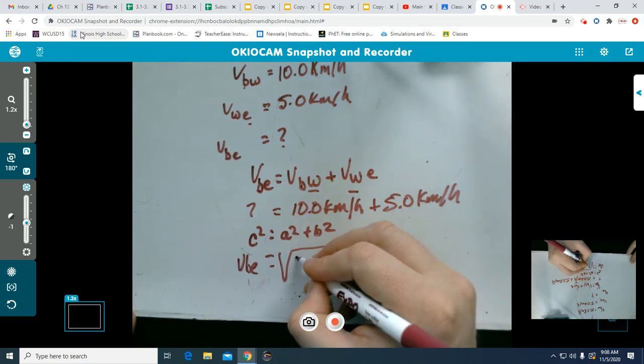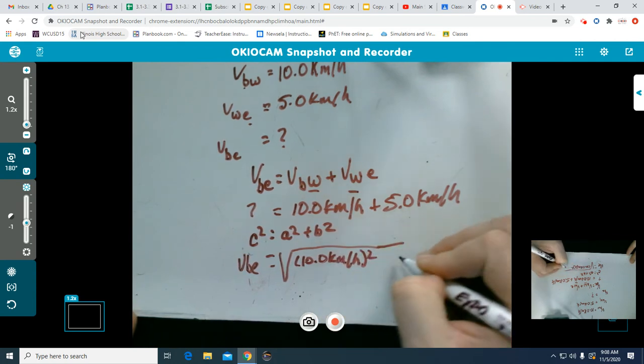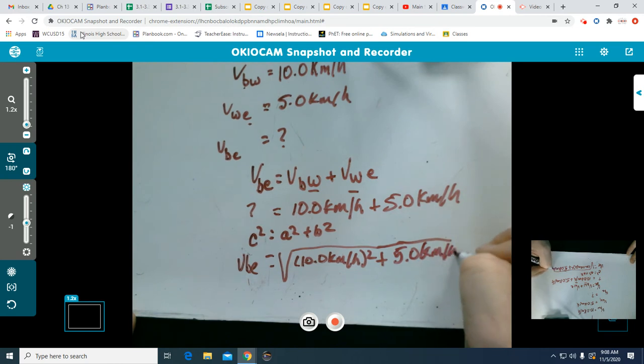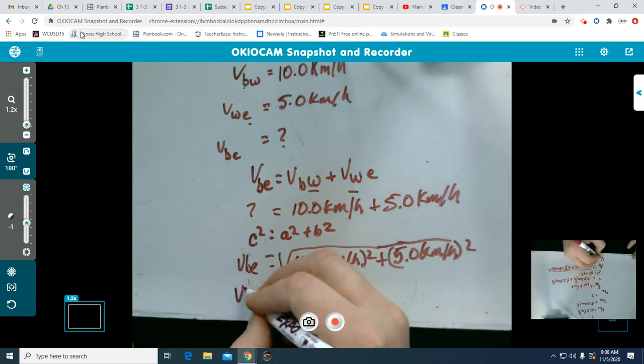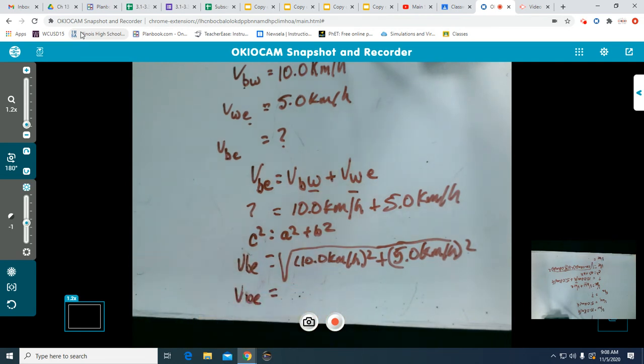So our 10 kilometers per hour squared plus our 5.0 kilometers per hour squared. Can anybody tell me, if you put this in your calculator, what your overall velocity will be with respect to the boat and the observer on Earth?